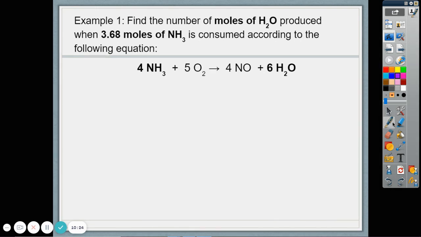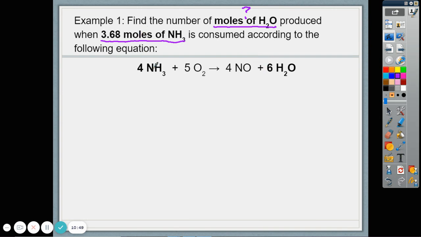So we ultimately want to find the moles of H2O. This is our goal. That's our unknown. My given is 3.68 moles of NH3. Notice I underline this whole thing because it is super important to pay attention to what compound it goes with, as well as the fact that it is in moles.